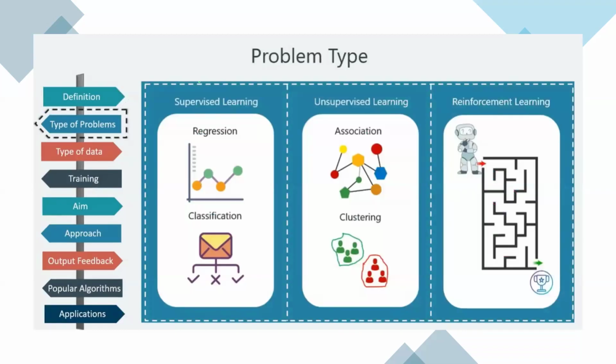And what are the types of problems that these different machine learning types will solve? Let's come back to supervised learning. Supervised learning will solve two types of problems. One is regression and the other is classification. Now let's understand the difference between regression and classification.